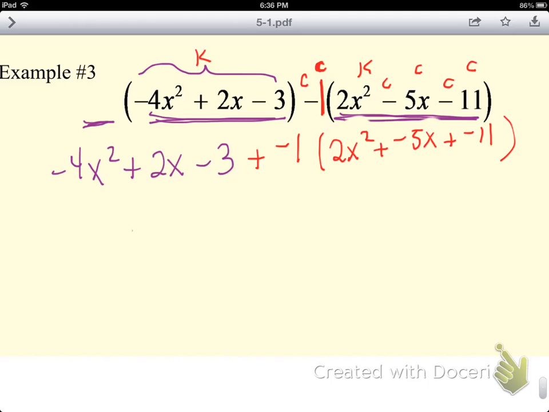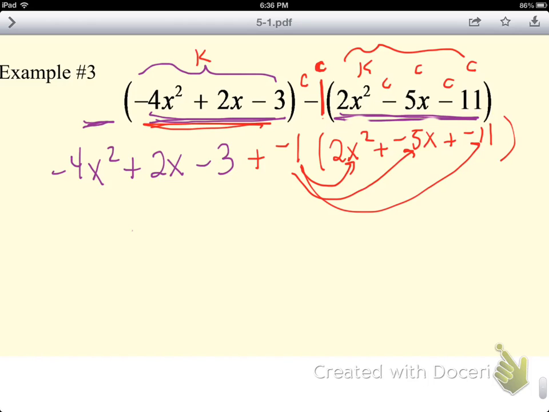So the rule is add the 1, use KCC, and if there's any subtraction inside of the parentheses where you have to distribute through those parentheses, the first parentheses I didn't have to distribute anything in, so I can keep that minus 3. The second parentheses I'm going to have to distribute that negative 1 inside, so use KCC to get all the terms prepared to distribute.